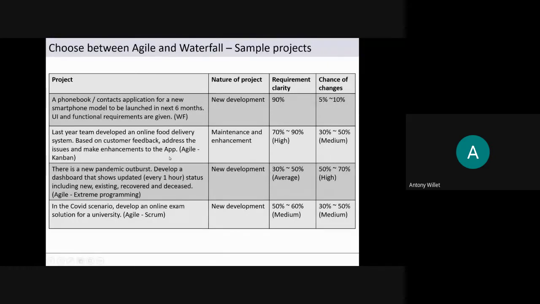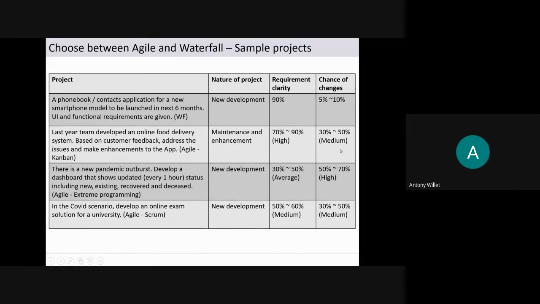So the requirement is not known in advance. We know what type of issues might come in, but we don't know the actual issues. It's kind of a maintenance and enhancement project. We know the type of requirements, but we don't know exactly what problems or new requirements might come in, whereas the chances of changes are 30 to 50%.